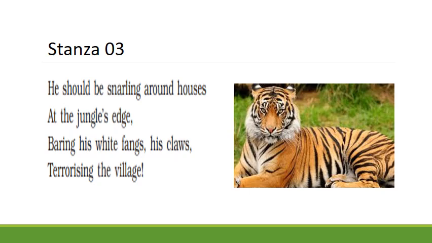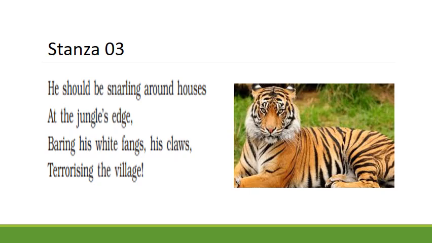Here, what does snarling mean? It means making noise and frightening people near the houses. That is at the edge of the jungle or at the edge of the forest.